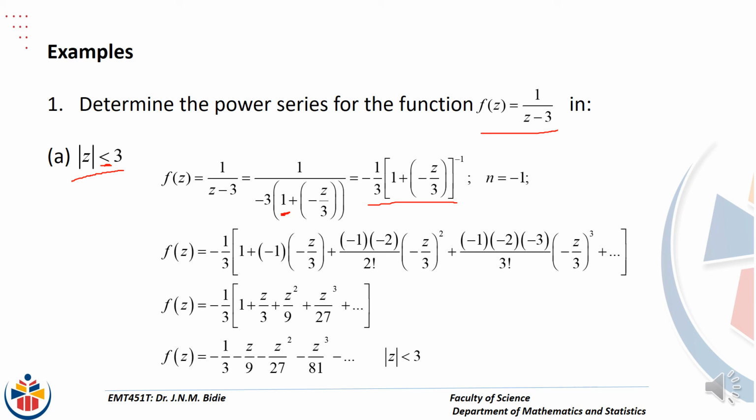And then please check that you'll get z cubed over 27 plus dot, dot, dot. And then the last step is to multiply out by -1 over 3. Please note that once you've written your answer, the region of validity must be written as well.